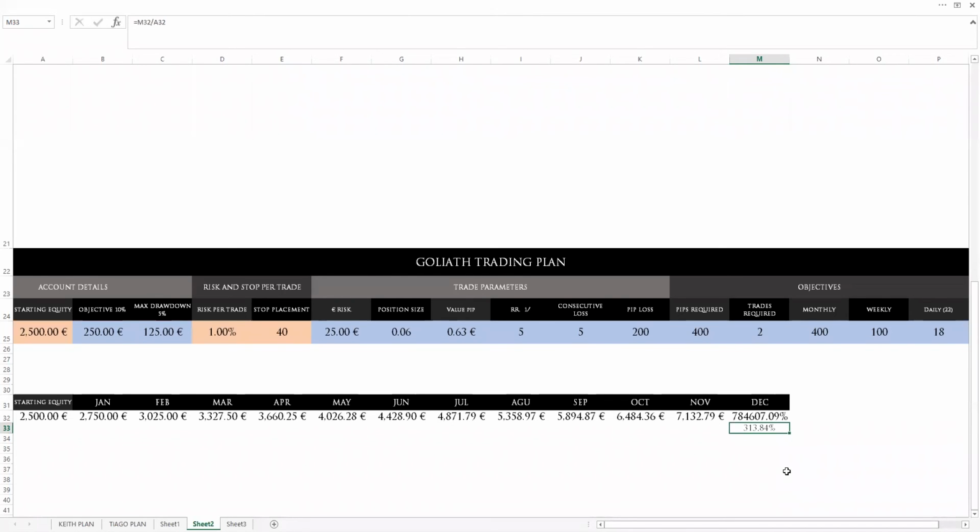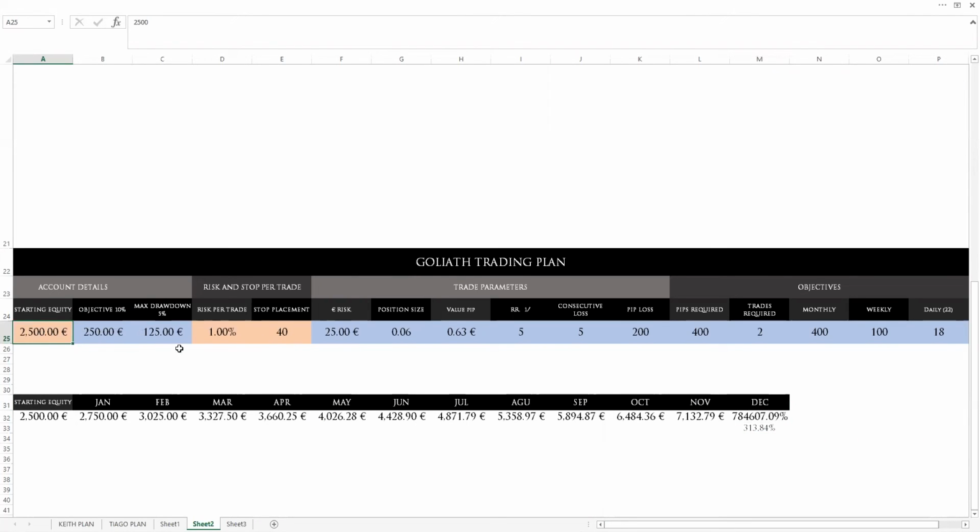That's a 313% growth. So it might not look very good, mostly for those that were in the beginning of the account, where it grew 20% a week in the first 2 months. But 10% is great, and if you get by the end of the year 300%, that's amazing.